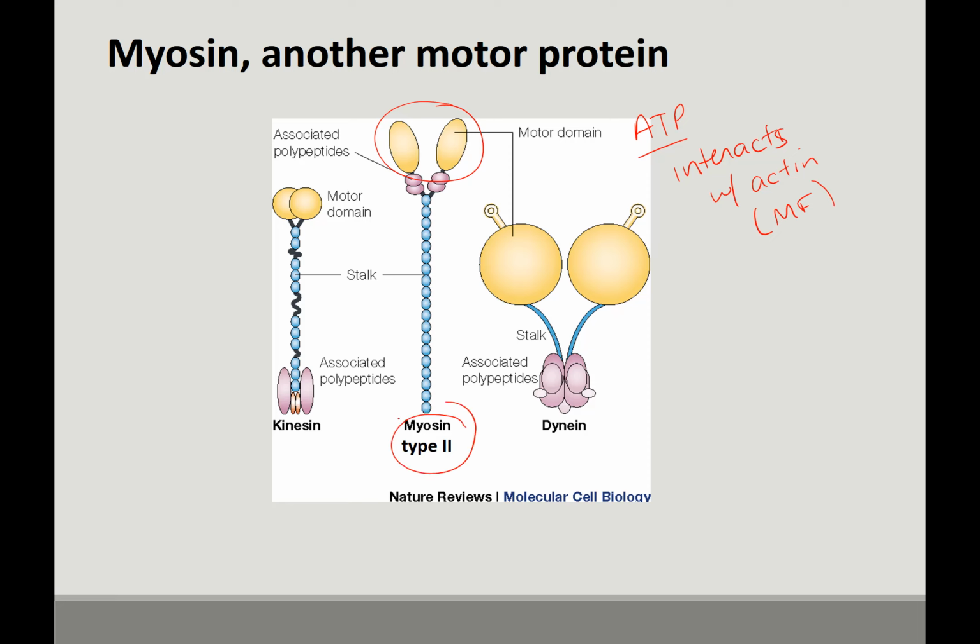We are going to focus on myosin type 2. Myosin type 2 is found in muscle fibers. It is also found in the contractile ring. So when cells are undergoing cell division, we form this contractile ring that helps break the cells into two.